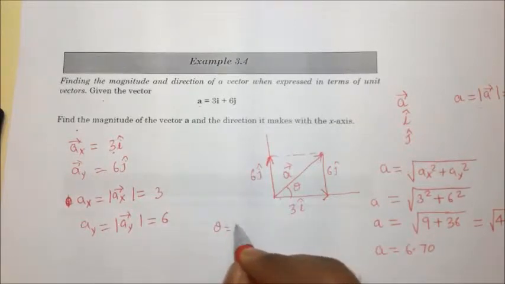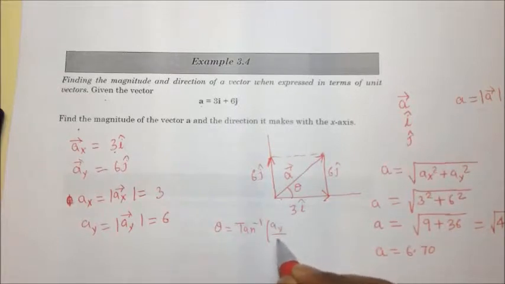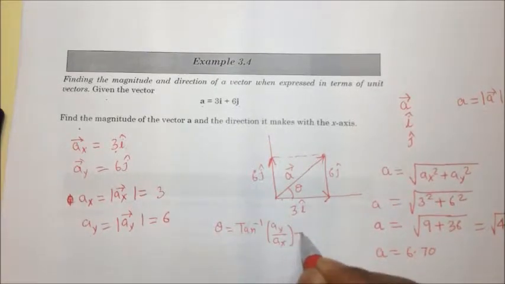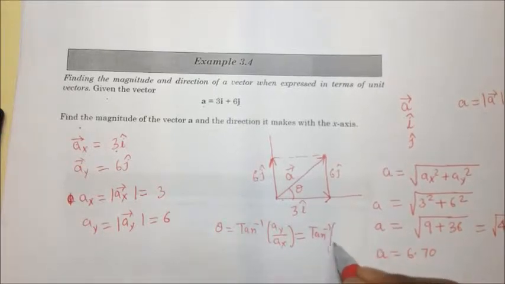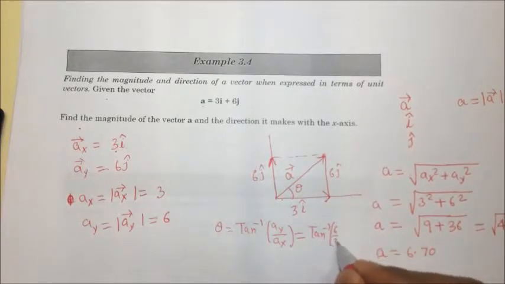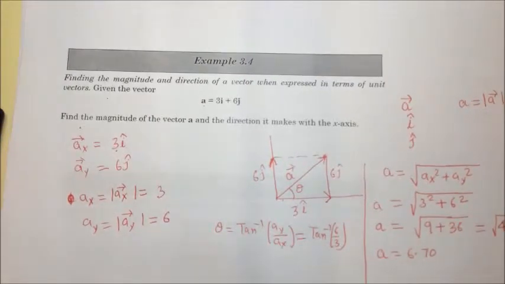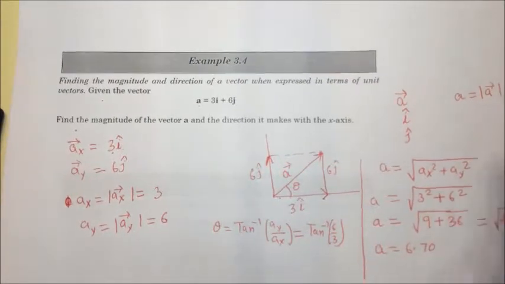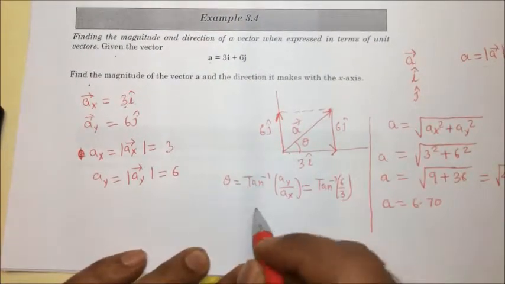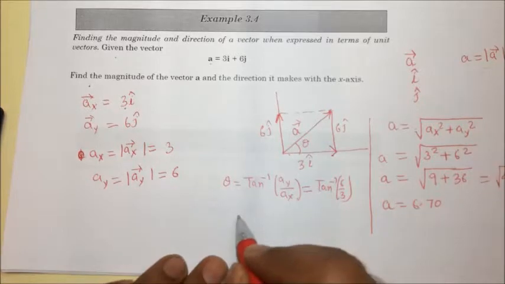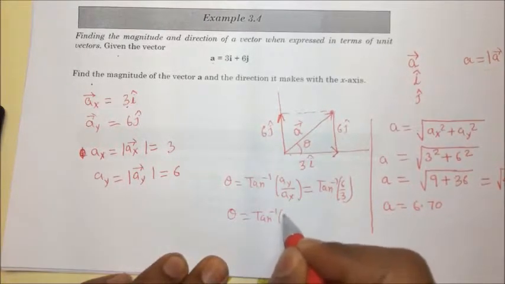Theta is going to be tan inverse Ay over Ax, tan inverse 6/3. Okay, you solve it. Theta is equal to tan inverse 2.